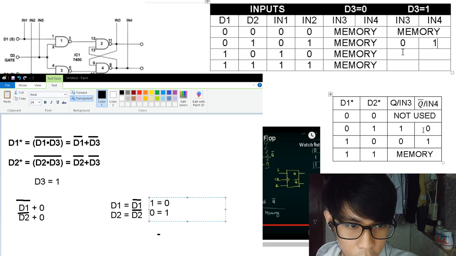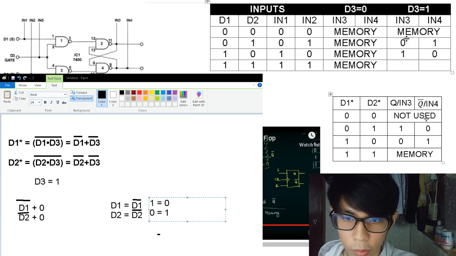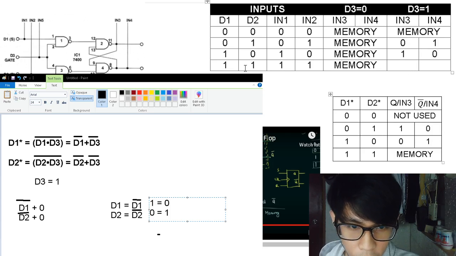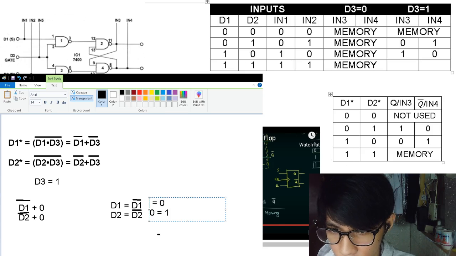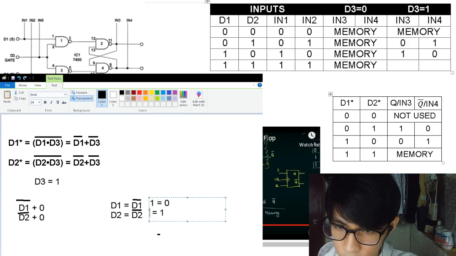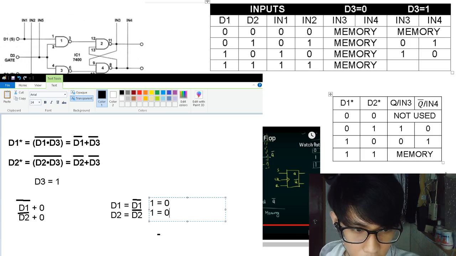What if both of the inputs are 1? Then it will be 0, and you can see here 0 and 0 is equal to not used.